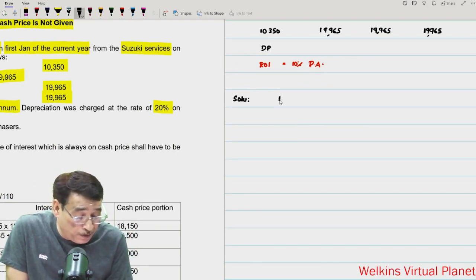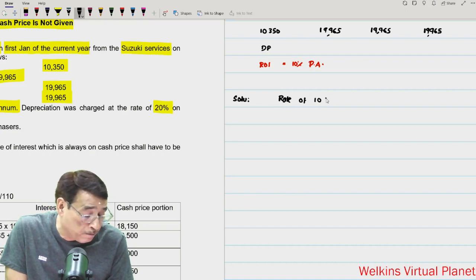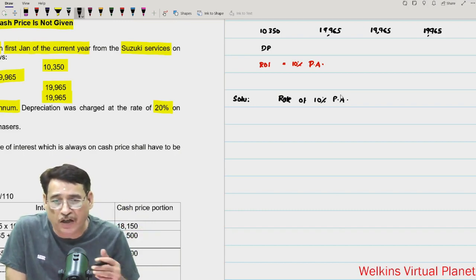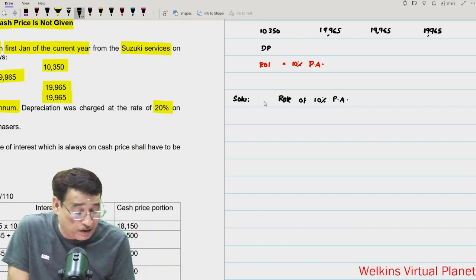Now, rate of interest, you must know whenever we say rate of interest is 10% per annum. What does it mean? It always means whenever we say rate of interest 5%, 10%, 8%, what does it mean?